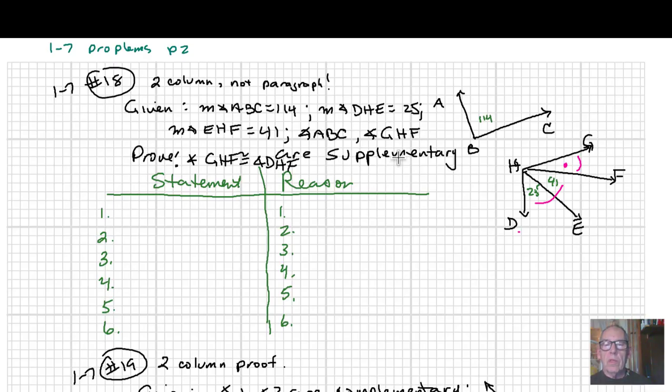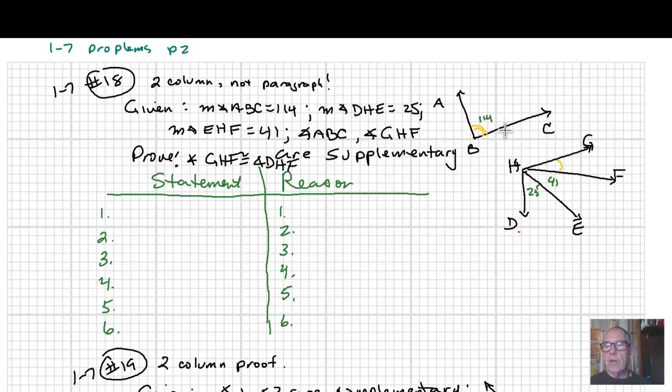Okay, let's rethink this. Let me take these out for a second. Okay, so ABC is 114, and also ABC and GHF are supplementary. So if ABC is 114, and if GHF and ABC are supplementary to each other, then these two angles have to add up to 180 degrees.